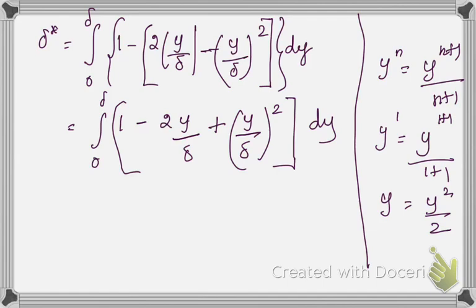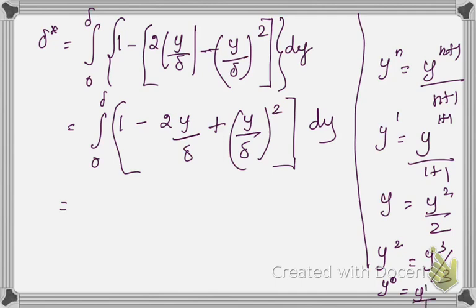Similarly, y power 2 gives y power 3 by 3. And if you have nothing, it is called y power 0, so you will have y power 0 plus 1 by 0 plus 1, which becomes y power 1 by 1.